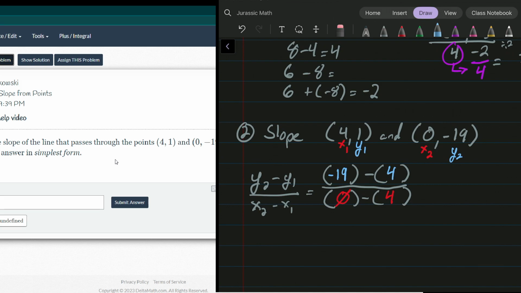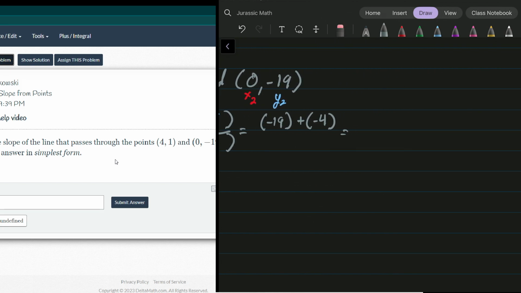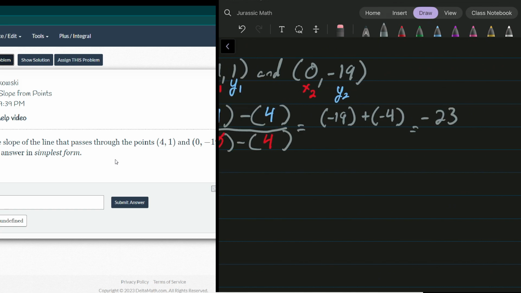From here, we have to just stop and think for a moment. Oh no, we don't like subtraction. So keep the first number, change to addition, and change the second number. Oh, that's much easier. They're both negatives, so that means we add. 19 plus 4 is 23. Keep the negative. I went a little too far.